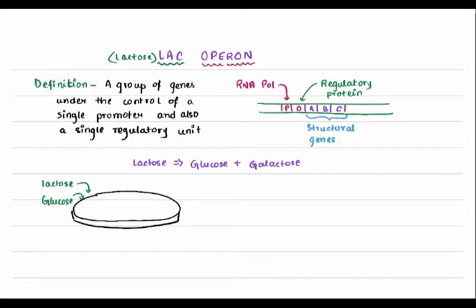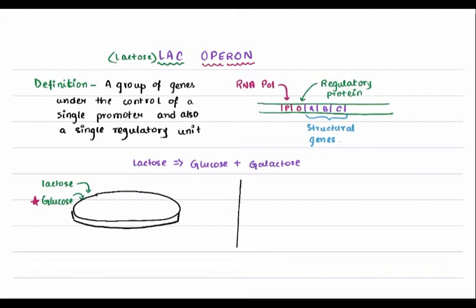Now, whenever glucose is present as a carbon source, the bacteria would always utilize glucose first rather than any other sugar molecules that are present. So glucose would be utilized first, followed by the other sugar molecule, in this case lactose.